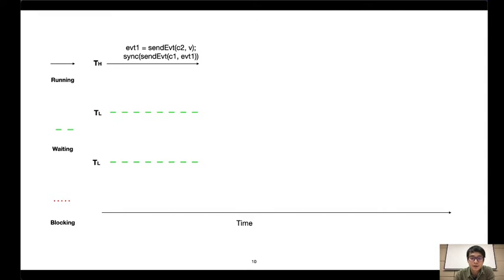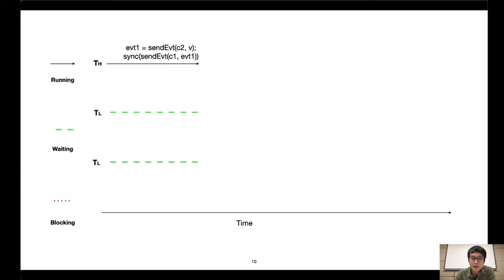At first, of course, the high priority thread is the first to run, and when it runs, it constructs a send event, which tries to send a value v to channel C2, and we bind that event to EBT1. Now, the high priority thread syncs on a send event, trying to send that EBT1 to C1, channel 1.